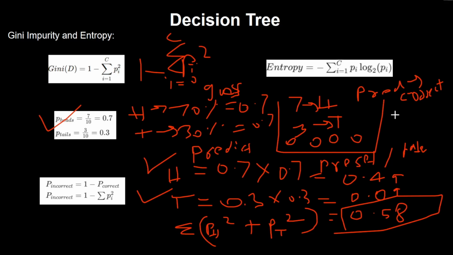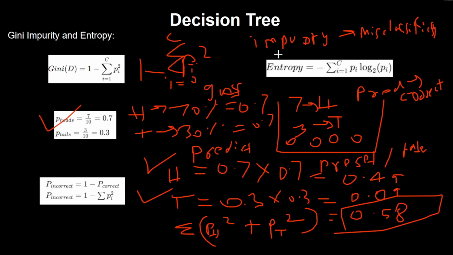Now we need to measure the impurity, which is the probability of misclassification, so that we can reduce it and achieve a homogeneous split.